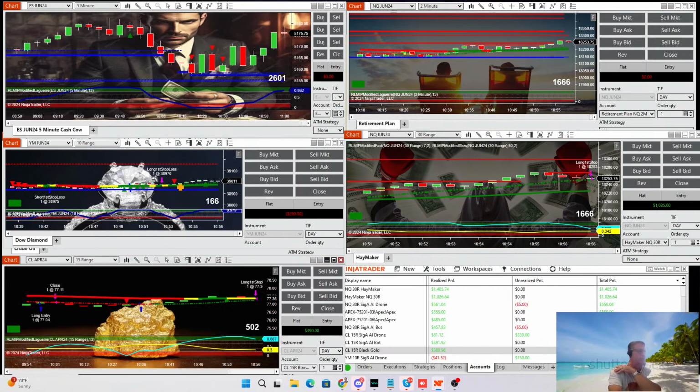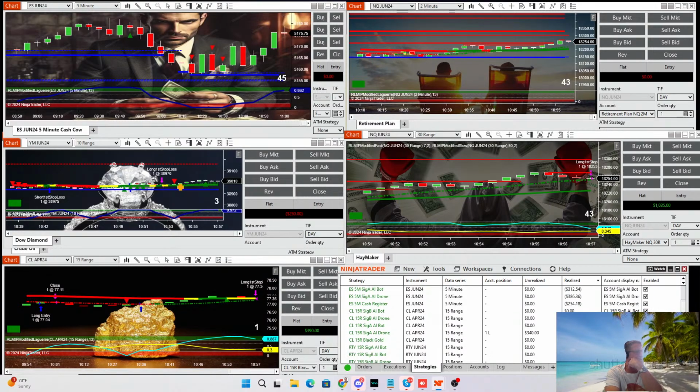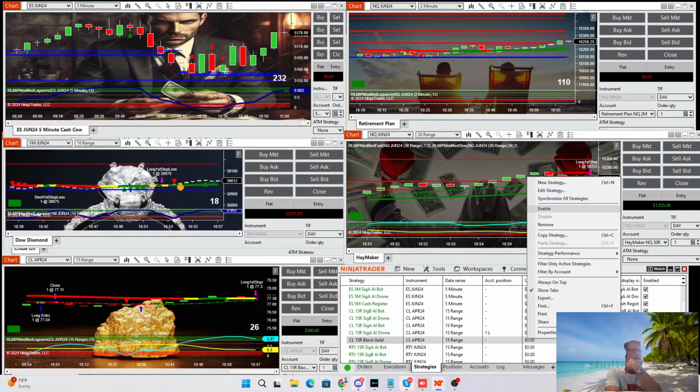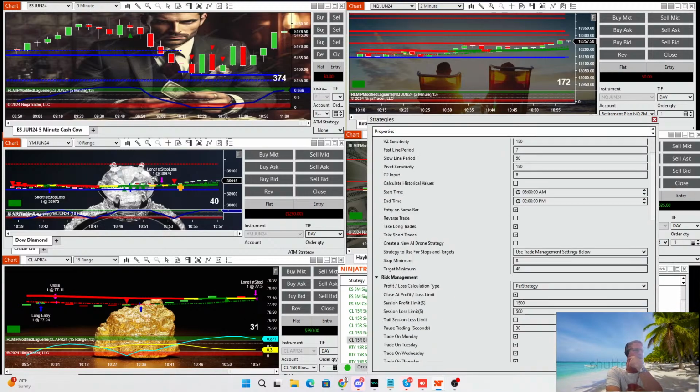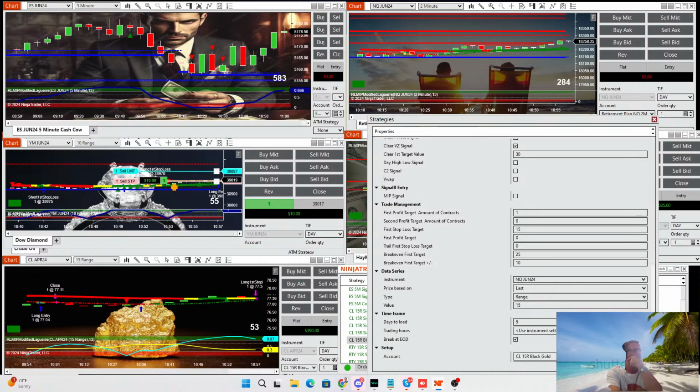And let's go to that black gold strategy. Let's put a profit target in. So I'm just going to disable this for now, and we're going to edit it and put a profit target in it. Order submitted. Let me find out what the profit target is really quick.